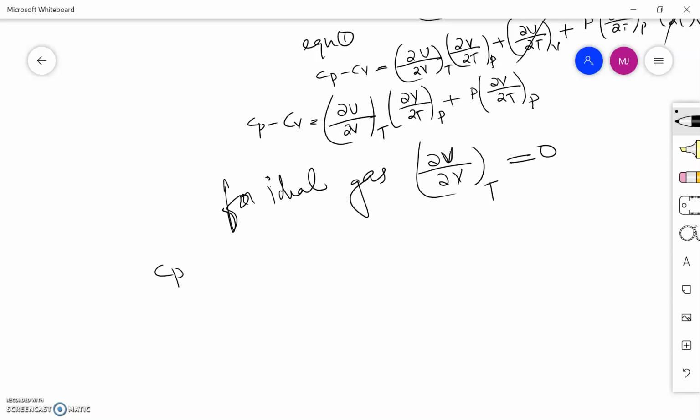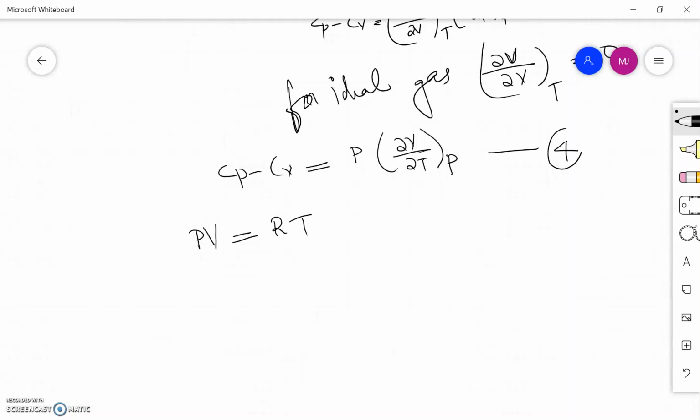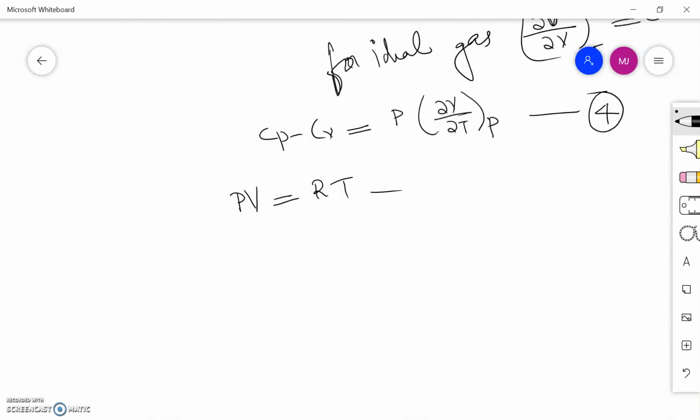Therefore, we can write Cp minus Cv equal to P into ∂V/∂T at constant pressure. For 1 mole of an ideal gas, we know the equation is PV equal to RT. Before that, we number this expression as 4, and this as 5.